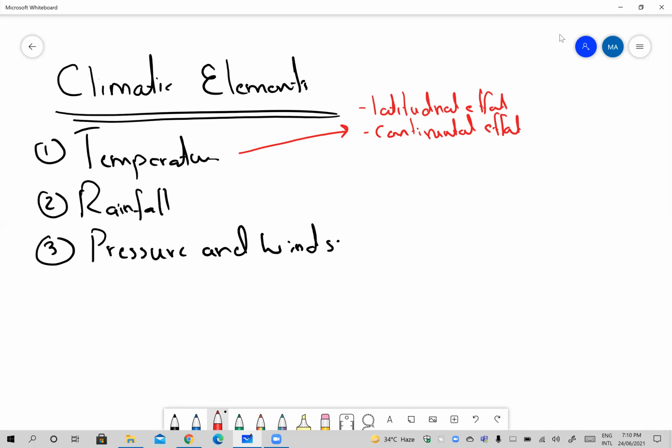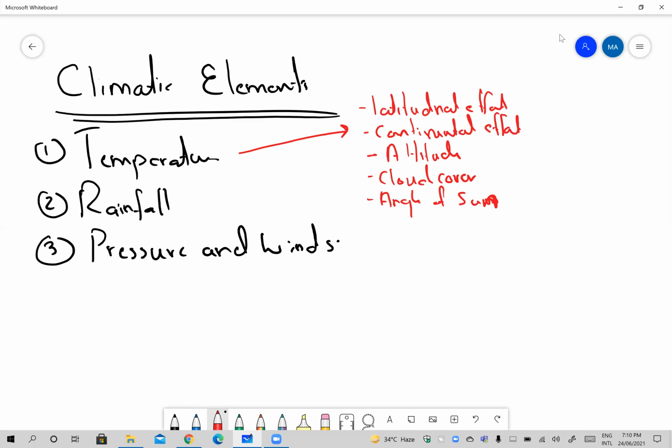Third factor is altitude. The fourth is cloud cover. The fifth one is angle of sun. So these are the five factors that basically affect the temperature.